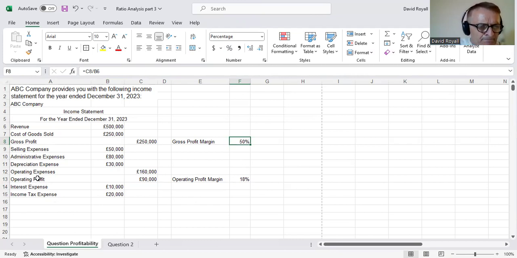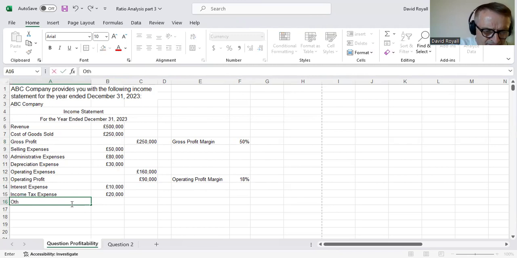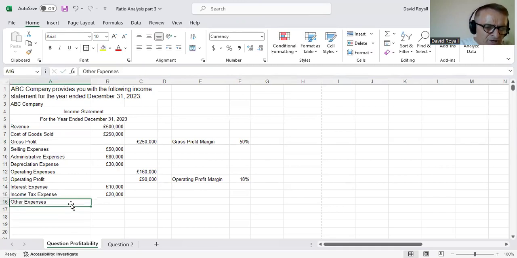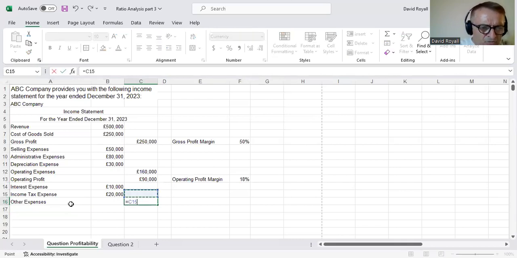Okay. Well, what about the other expenses? So let's call that other expenses. They're sort of financial. So you may ask, we've dealt with this before, why are these not included in operating expenses?